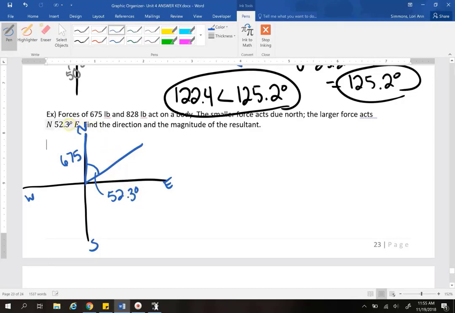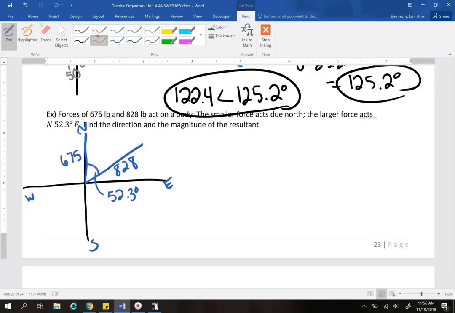Now be careful, if it said east, then north, this would have been 52.3 degrees, and then you would have had to subtract that from 90 to get this angle. This is 828.